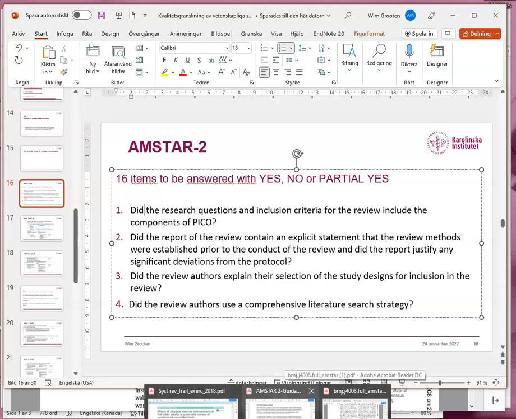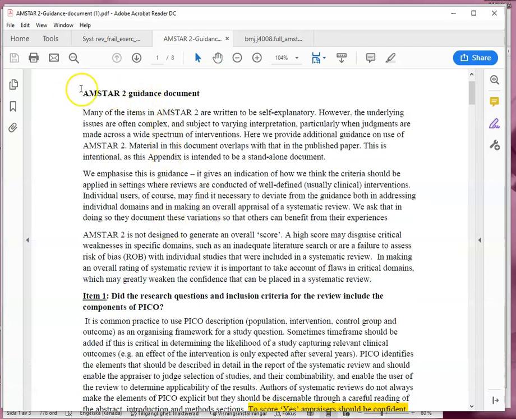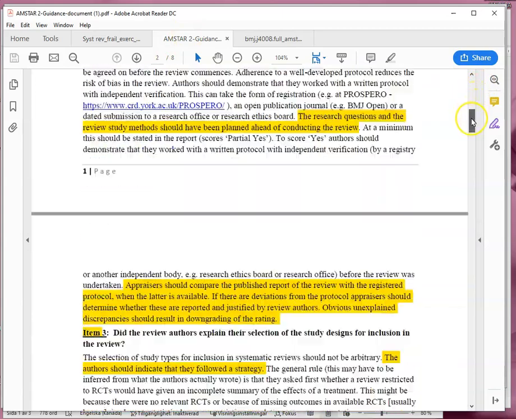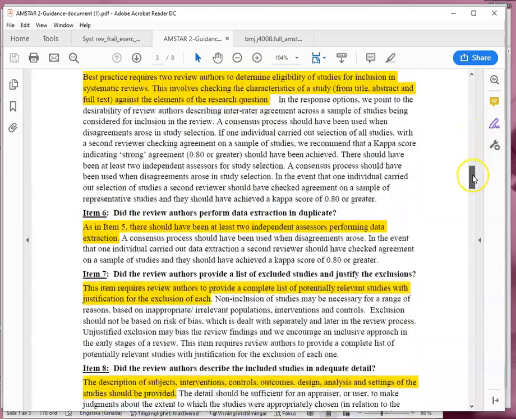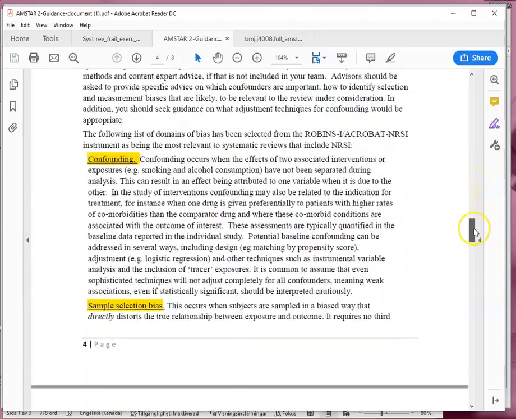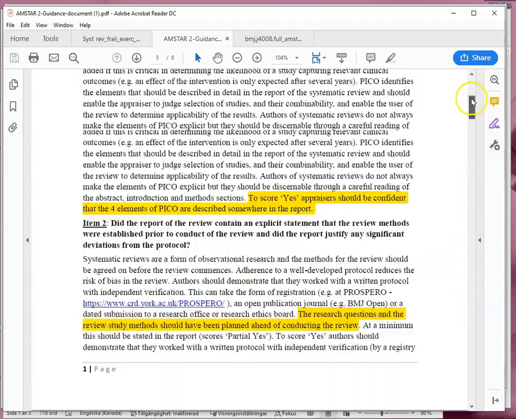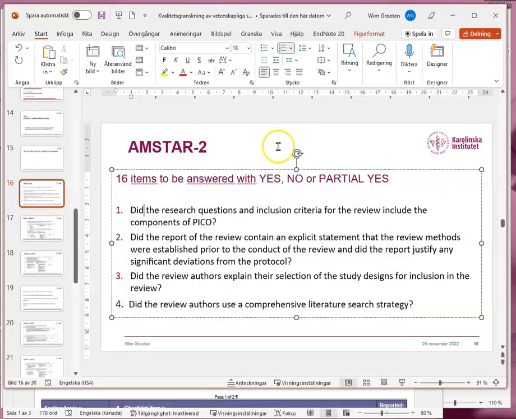One is, for example, the AMSTAR 2 guidance document, in which all the items are explained one more step. So those who want to go into the details should check those two parts.